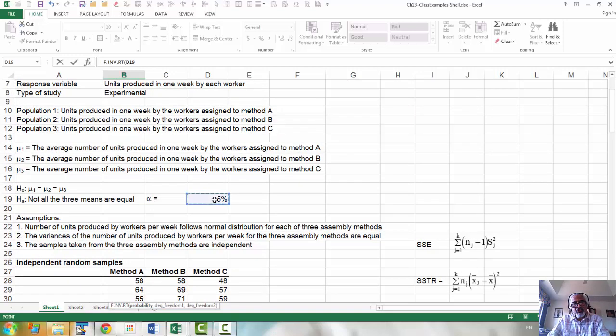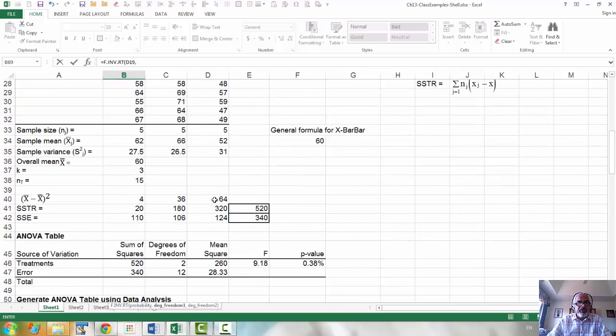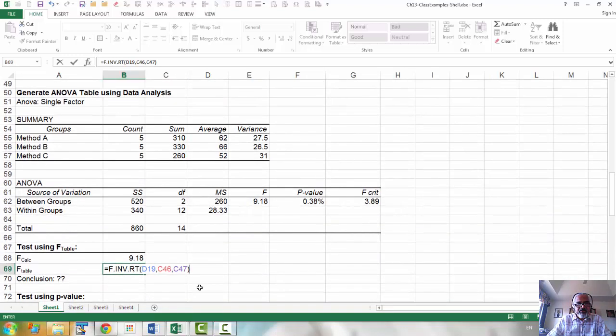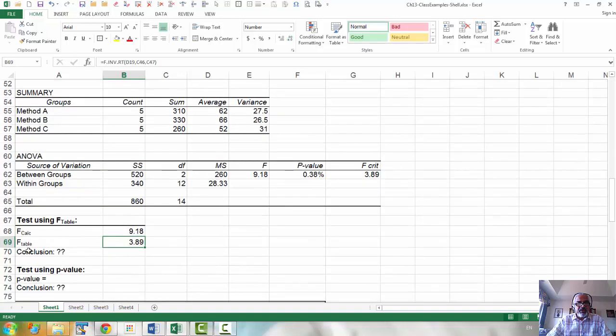So alpha is the first one, and then the 2 degrees of freedom, the numerator degrees of freedom, comma the denominator degrees of freedom. So that will give us the F table value. Of course, that F table value is what Excel data analysis also generates. Okay. Now the conclusion is, since F calc is greater than F table value, we reject the null hypothesis.